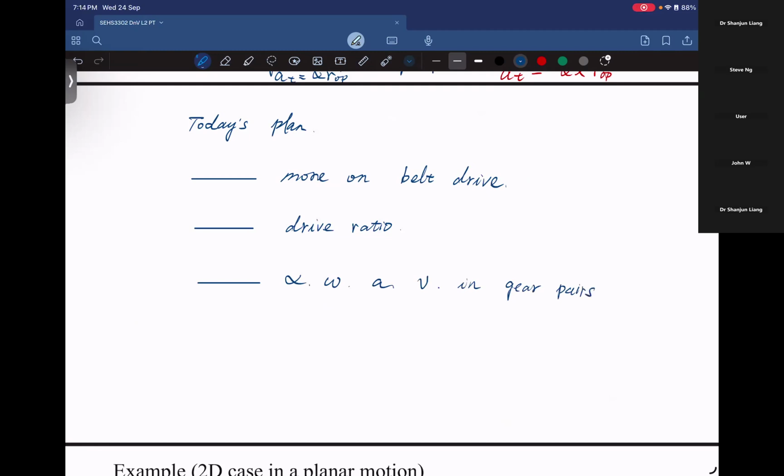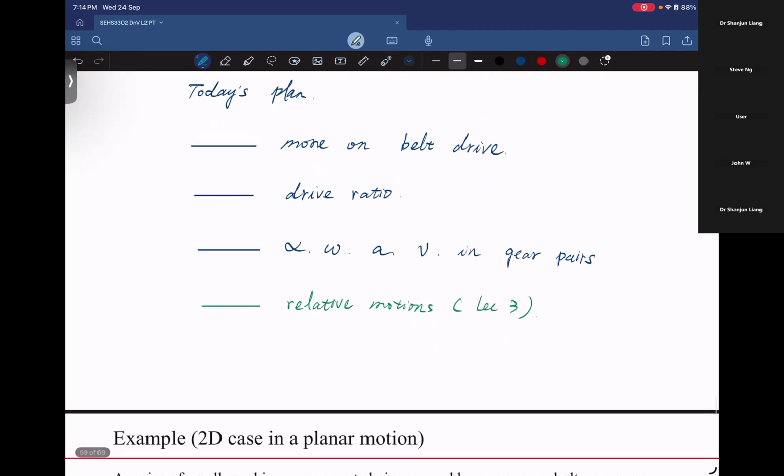And then we talk about the relative motions, which is lecture 3. Relative motions actually is about relative velocity. See in lecture 3.